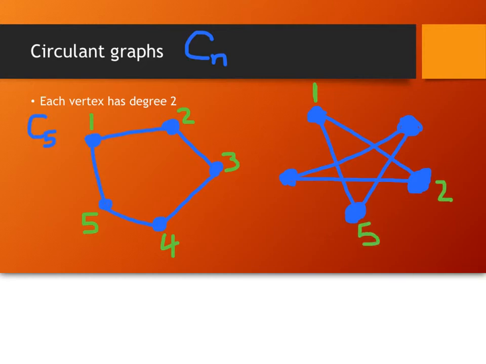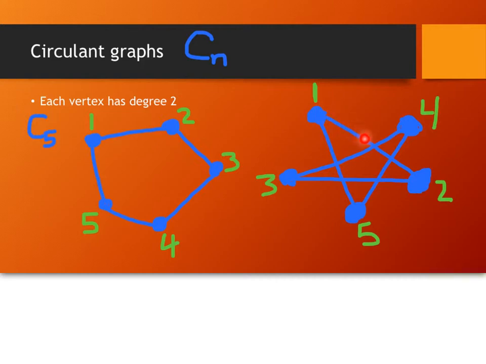And vertex 5 is connected to vertex 4, so this would have to be a 4. 2 is connected to 3. 3 is connected to 4. So technically, these two graphs are the same, just the one on the right is a different look than the one on the left. All right.